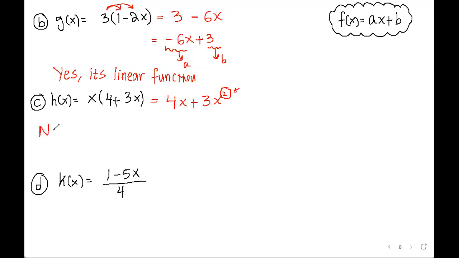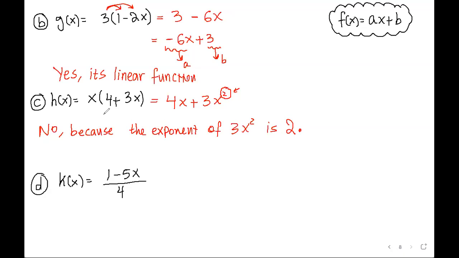So the answer is no, because the exponent of 3x squared is 2, and that makes the function not linear.